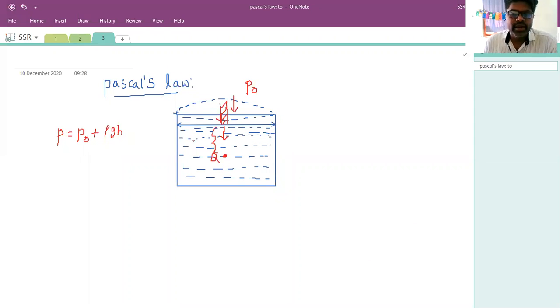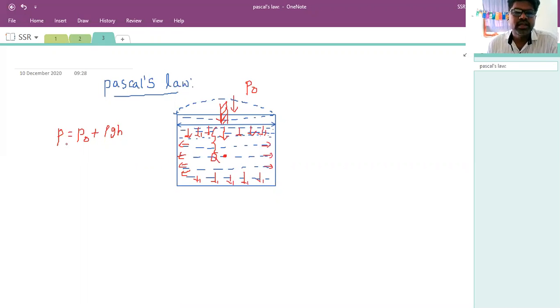Whatever force acts on these fluid molecules, they will try to come down slowly, but there is compression happening. Then immediately this compression will be reacted on the walls of the container by the liquid column. For action, there is a reaction on the walls of the container.